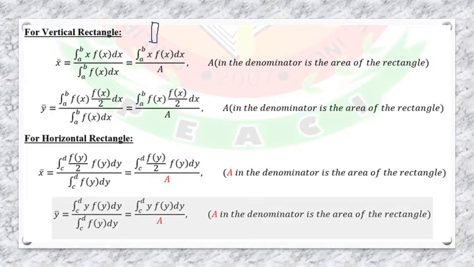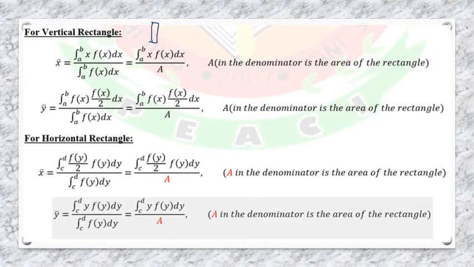So x bar is magiging integral of x times f of x dx, all over A, where A in the denominator is the area of the rectangle. So which means class, kailangan nyo munang kunin yung area, then saka natin makuha yung center of mass.